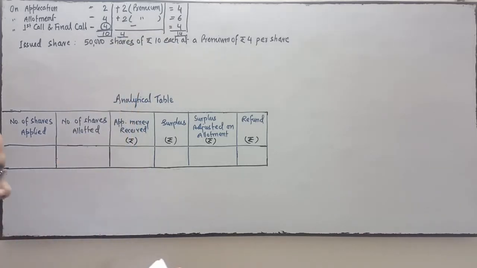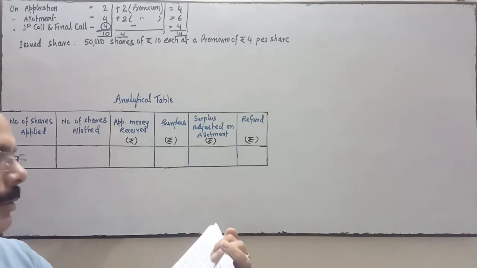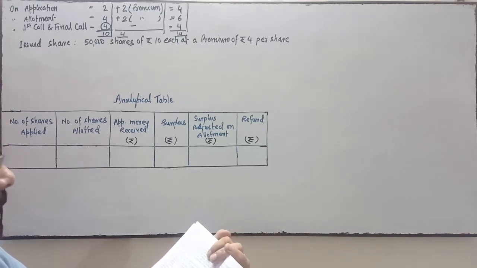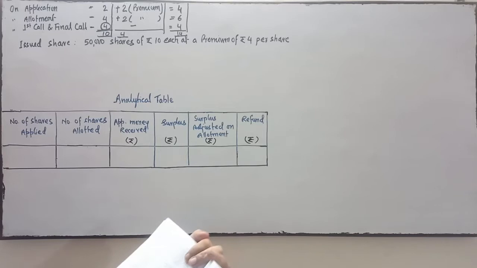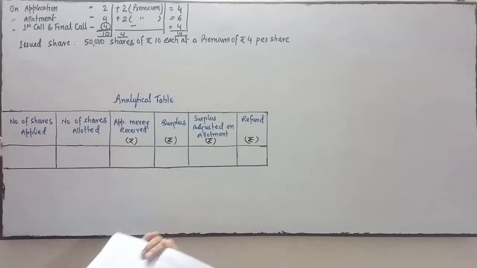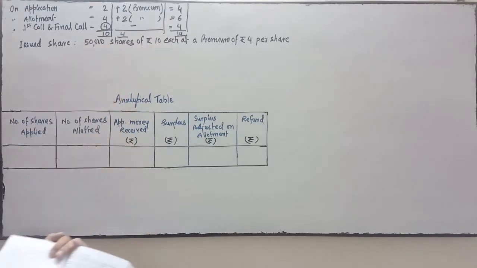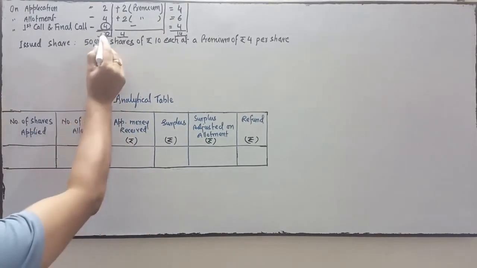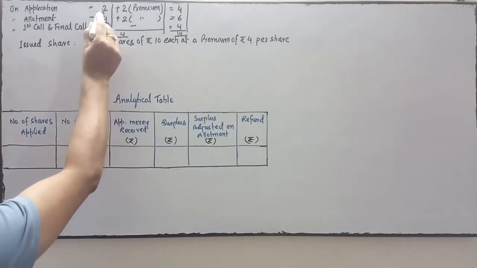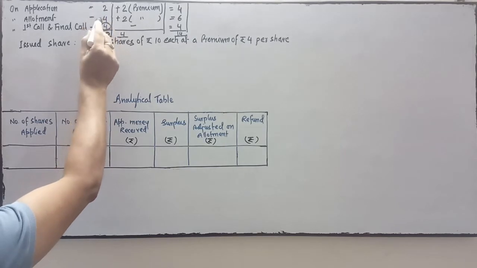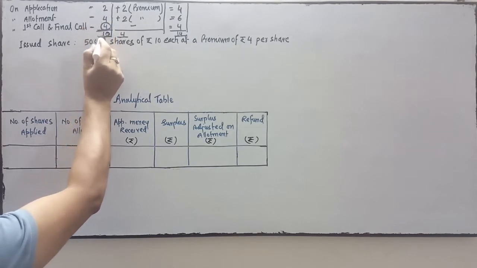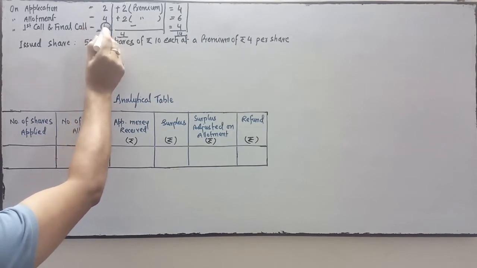So the amount payable is as follows: on application 4 including premium 2, on allotment 6 including premium, so excluding it is 4, and the balance on first and final call. So balance will be how much? 10 is the total face value, 2 is on application, 4 is on allotment, total should be 10, so balance is 4.